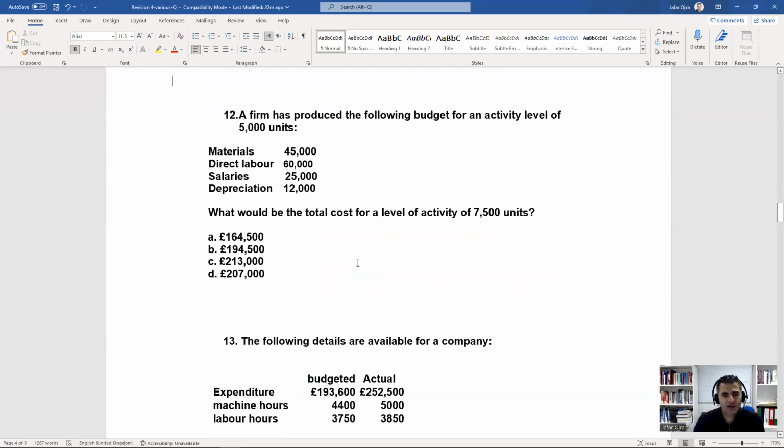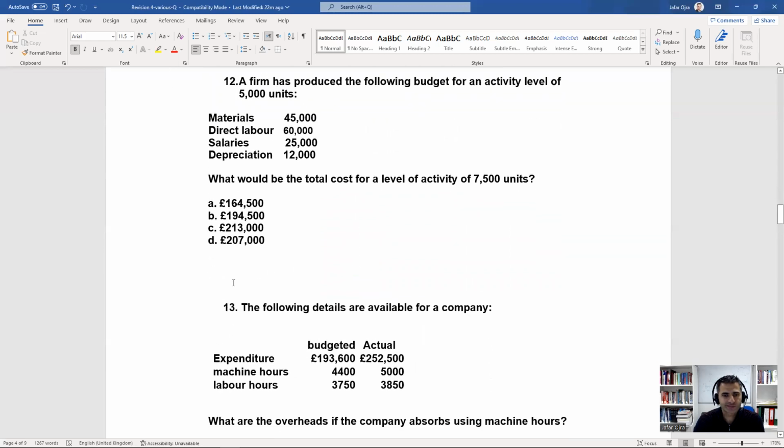So question number 12. A firm has produced the following budget for an activity level of 5,000 units. We have materials, £45,000, labor, 60,000, salaries, fixed cost, 25,000, and depreciation, 12,000.